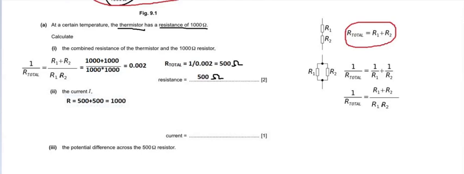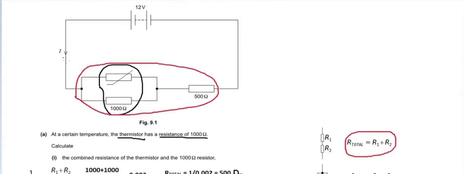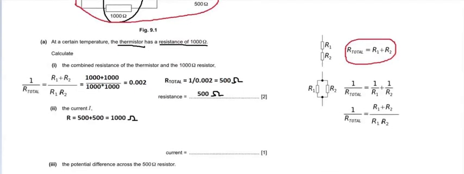So the entire circuit resistance value, the total resistance value, will be 1000 ohm, and we need to find out the current which is flowing through the entire circuit, basically from here to here, everywhere. And that's why, to avoid this complexity, I have just considered this as only one resistor of 1000 ohm.